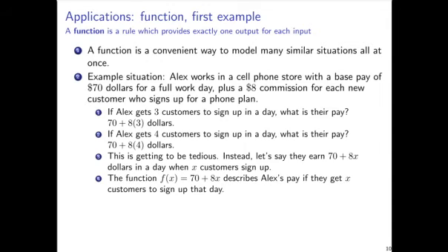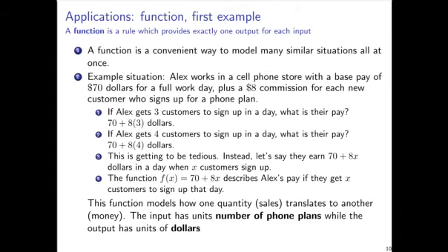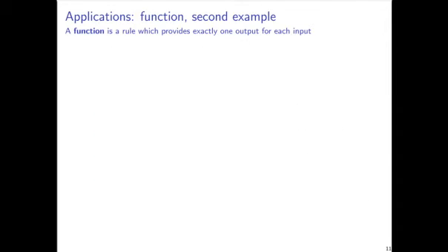So the function f of x equals 70 plus 8x describes Alex's pay if they get x customers to sign up that day. This function models how one quantity, sales specifically, translates to another quantity, namely money. The input has units of number of phone plans; if x is 3, that's 3 phone plans or 3 customers, while the output has units of dollars.